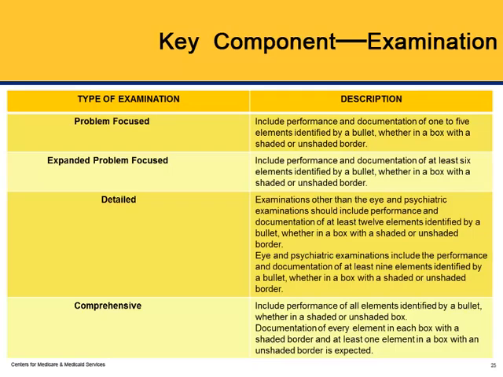An expanded problem-focused level is also a limited examination of the body area or organ system affected and includes any other symptomatic or related body areas or organ systems. A detailed level is an extended examination of the body areas or organ systems affected along with any other symptomatic or related body areas or organ systems. And finally, the comprehensive level is a general multi-system or complete examination of a single organ system.